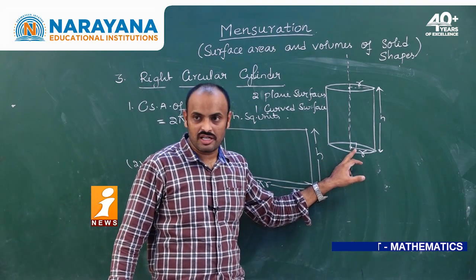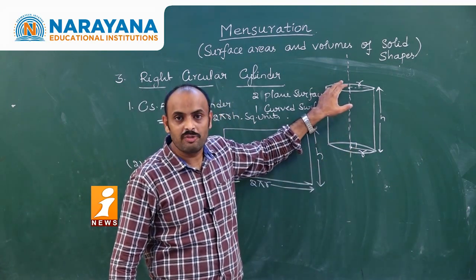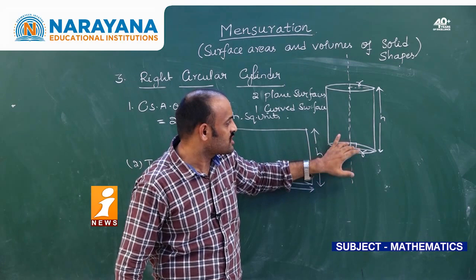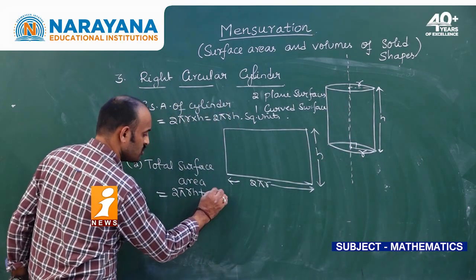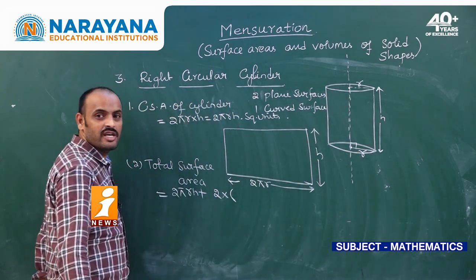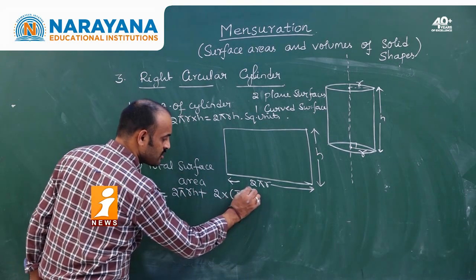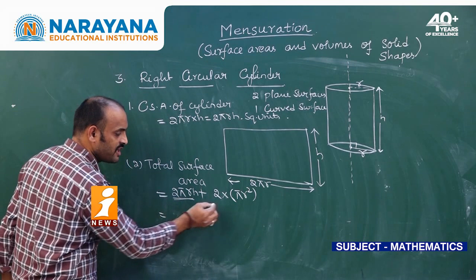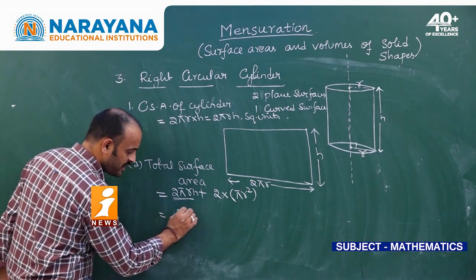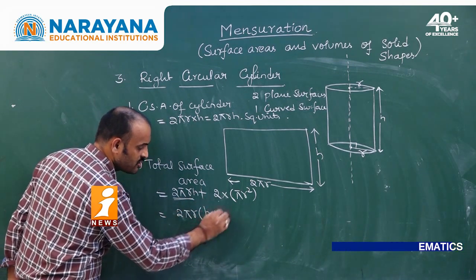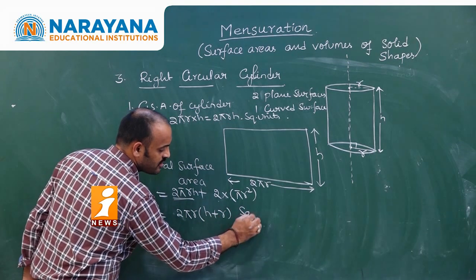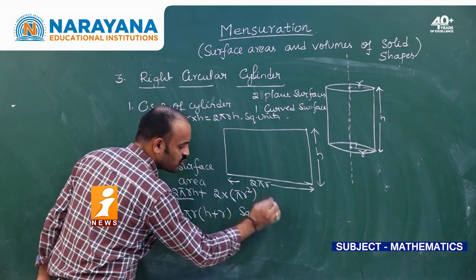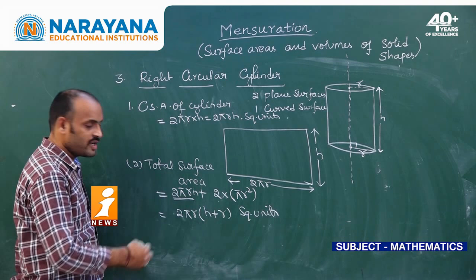One is at the bottom, a circle, and the other is at the top, which is also a circle. So 2 circle areas, so 2 into area of circle. What is the area of a circle? Pi r square. So in both we can take 2 pi r common. If I take 2 pi r common, h plus r square units. 2 pi r into h plus r square units.